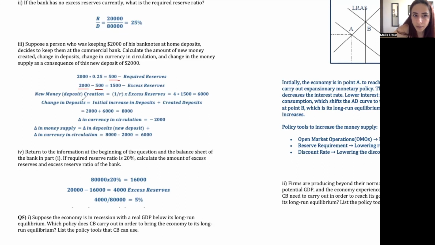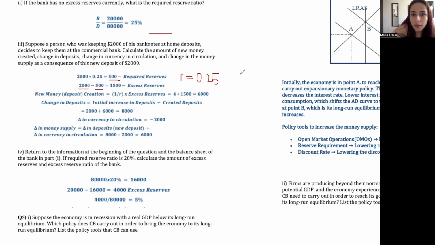So the new money creation, how do we calculate it? We will find it from this formula. Our R was equal to 0.25. We found it in here.